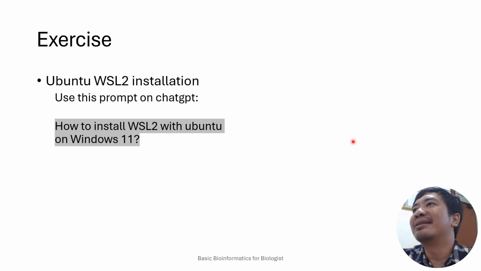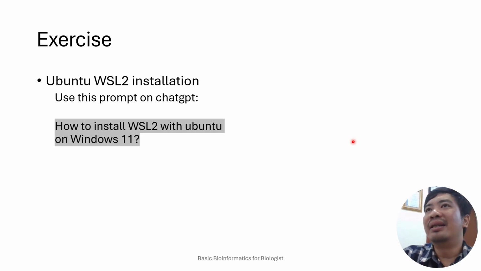It's some kind of simulator. Originally, when you install Linux, the whole laptop should be Linux. But in WSL, you can install Linux as a program. Basically, you simulate running Linux on Windows.